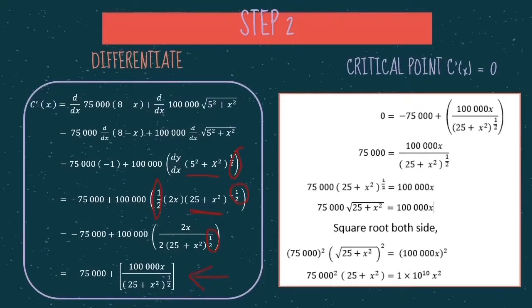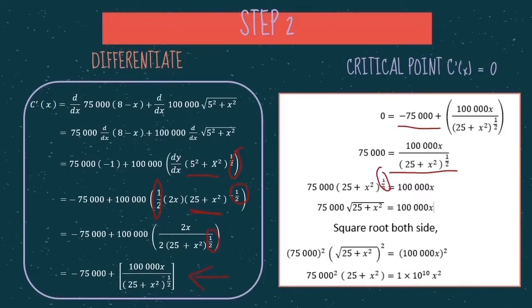So the negative 75,000 we bring to the other side, and then this term we bring to the left, and then we get 75,000 square root of 25 plus x squared, because we change this power just now to square root.